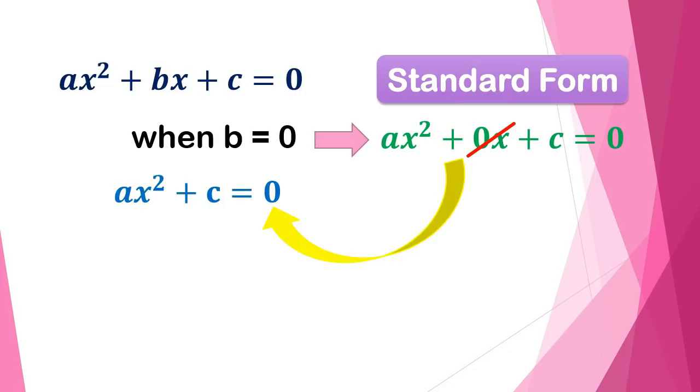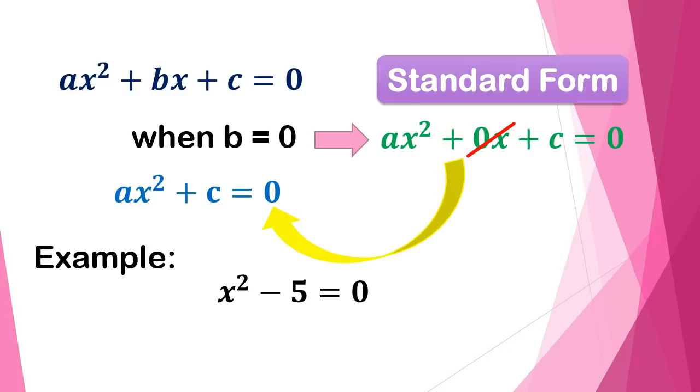Now, for you to easily understand this formula, I have here an example. So, x squared minus 5 is equal to 0. Let's identify the value for a. The value for a here is 1. Since we have here x squared, meron siyang value ng a which is 1 dahil meron siyang imaginary 1 na coefficient.